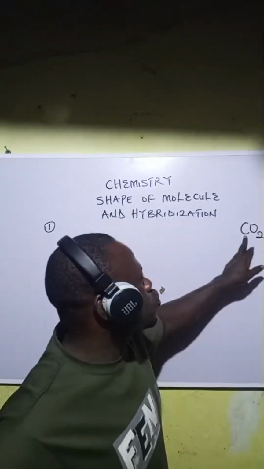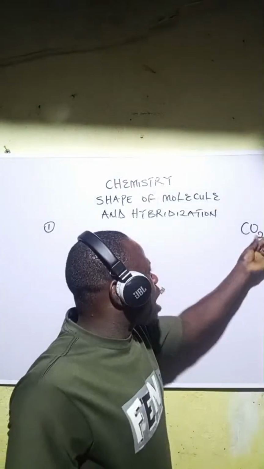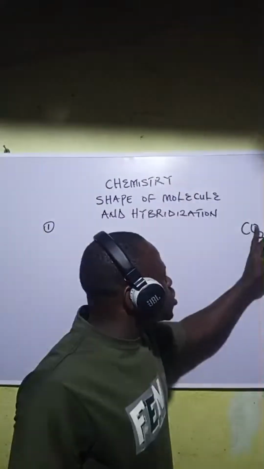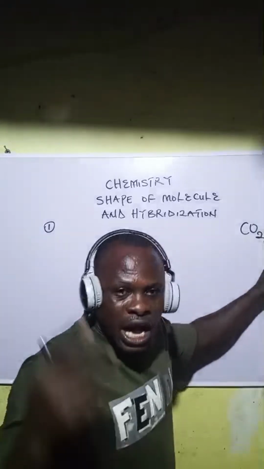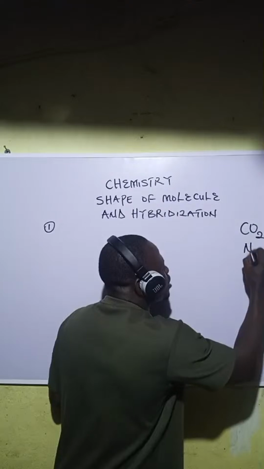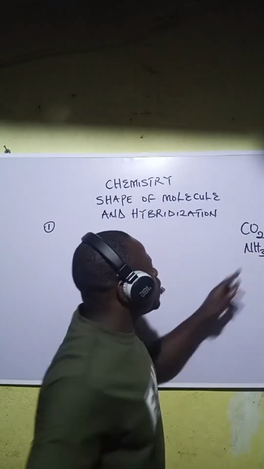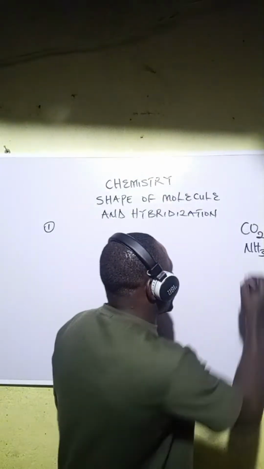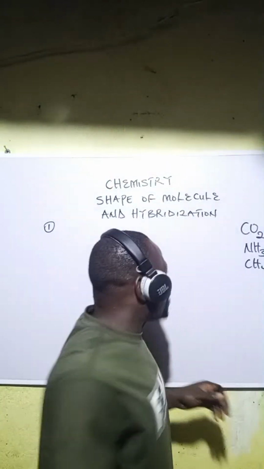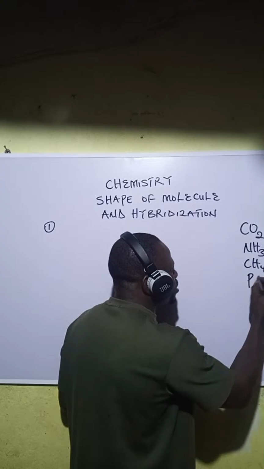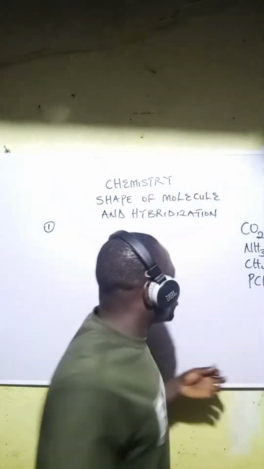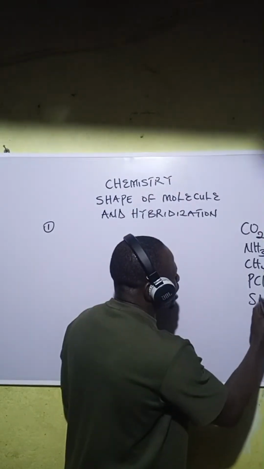We have two elements, and oxygen here has two atoms. Do you get that? We have the one of three, like NH3. We have the one of four, like CH4. We have the one of five, like PCl5. Are you following? We have the one of six, like SF6.